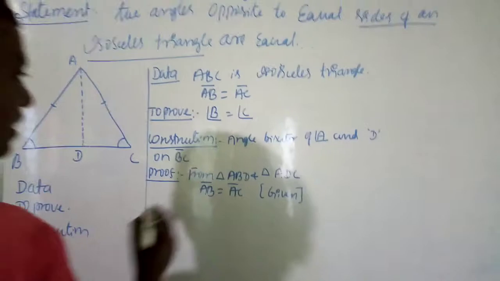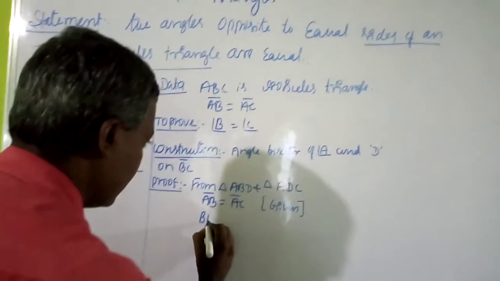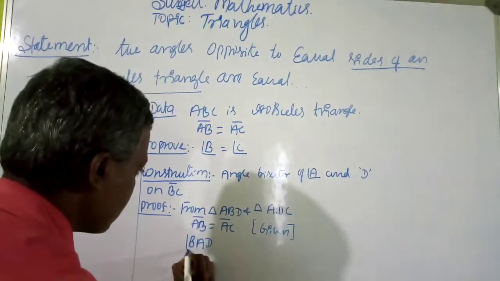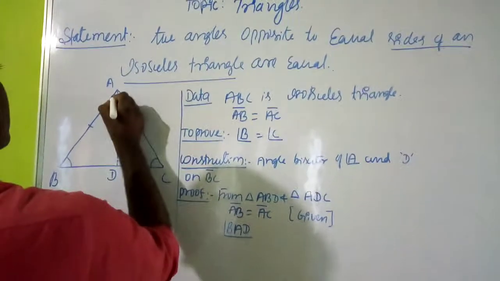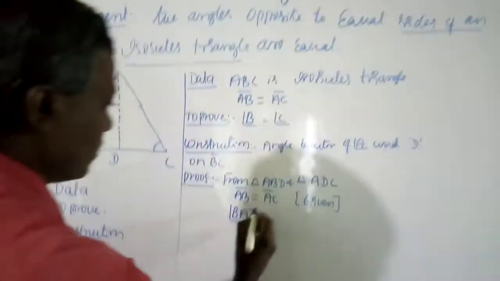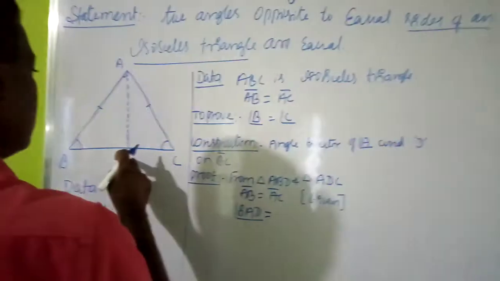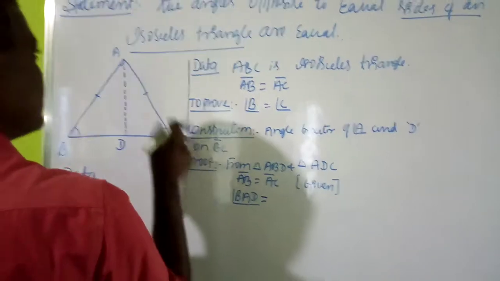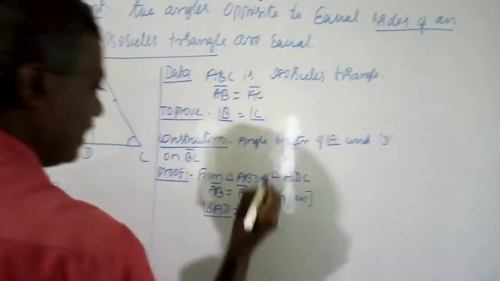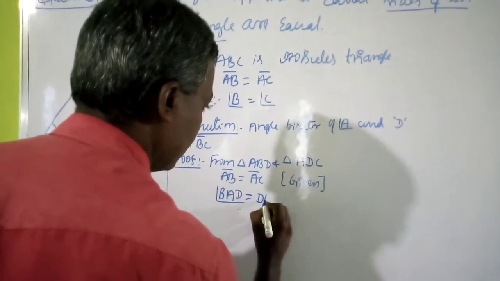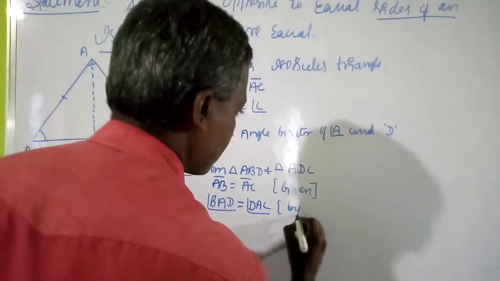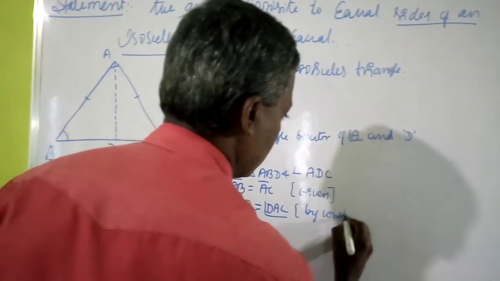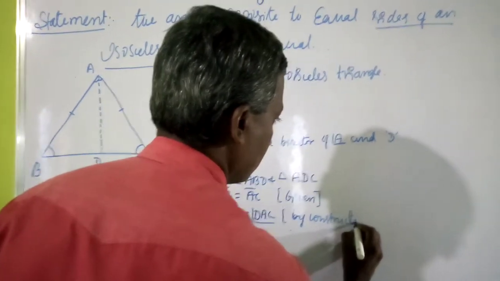So next, angle BAD is equal to angle DAC. This is by construction, since it is the angle bisector.